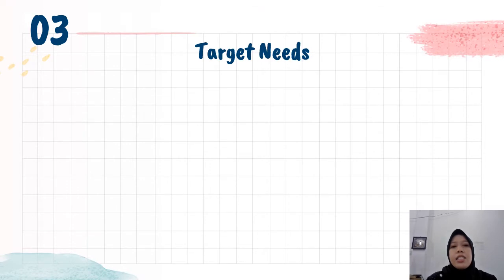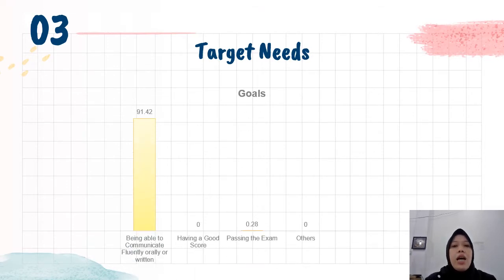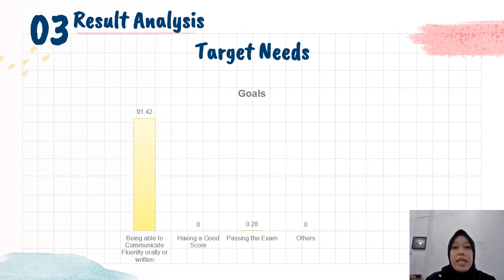Okay, this is the result of this research. The first is target needs, in this case the goals. The data showed that students mostly want to learn English in order to be able to communicate fluently, orally or written.